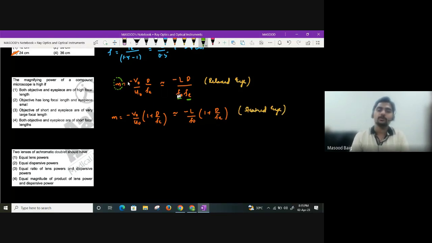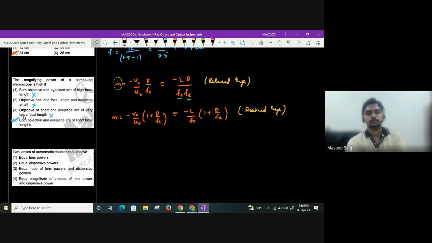So the magnifying power of a compound microscope is high if both objective focal length and eyepiece focal length are less. Both of high focal length is wrong, because I get less magnifying power. Objective long and eyepiece small is also wrong. Objective short and eyepiece large is also wrong. Both objective and eyepiece should have short focal lengths. When they have short focal lengths, their powers will be more, and then the magnifying power will be high. Understood? Yes or no?